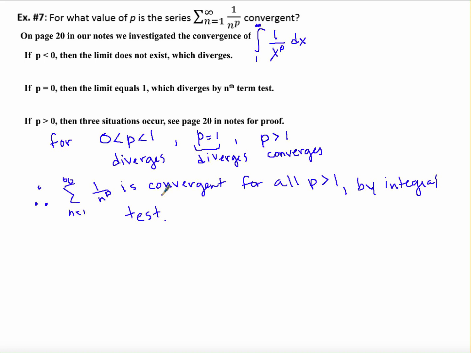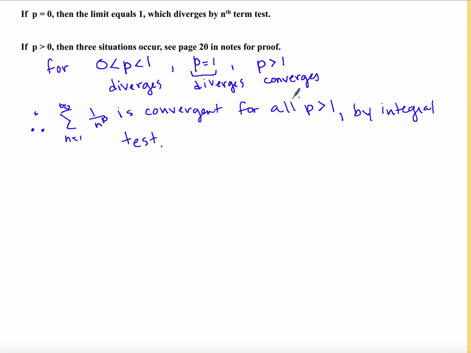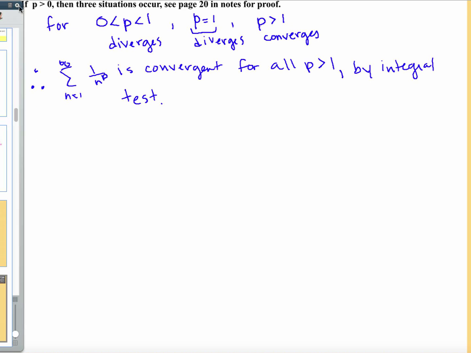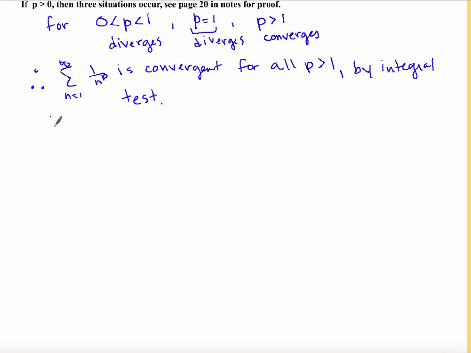And we can stop there, but of course I'm not going to because I have the opportunity to show you the integral test in action. So let's go ahead and do it. Let's show for this particular case where p is greater than 1 that it converges. All right, so here we go. We start by, obviously it's called the integral test for a reason, we're going to take the integral.